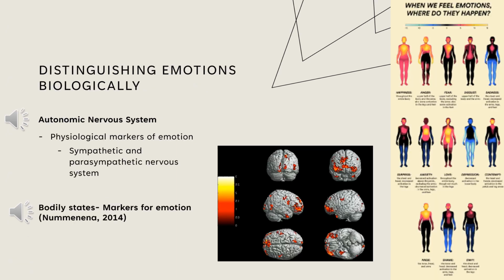To distinguish emotions biologically, we can take a look at some physiological markers of emotion. Some of those reside with the autonomic nervous system, which consists of the sympathetic and the parasympathetic nervous system.